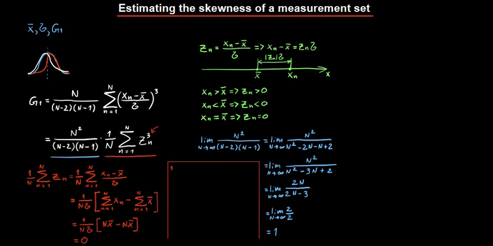Now let's compute the average value of the squared z-scores. This is equal to 1 over n times the sum of x sub n minus the average divided by the standard deviation, all squared, where little n goes from 1 to big N. This can be reformulated as 1 over n times the sum of the squared differences between our measurements and our average, where little n goes from 1 to big N, divided by 1 over n minus 1 times the same sum.